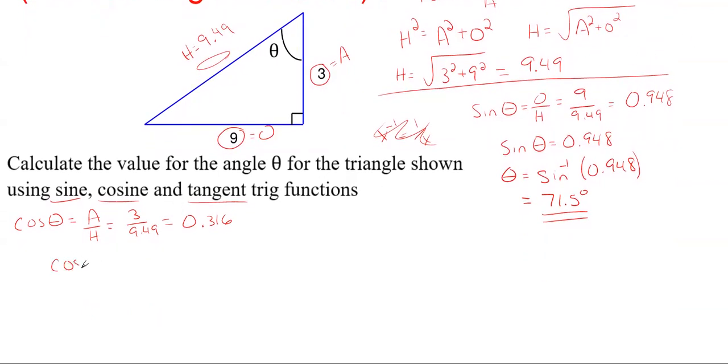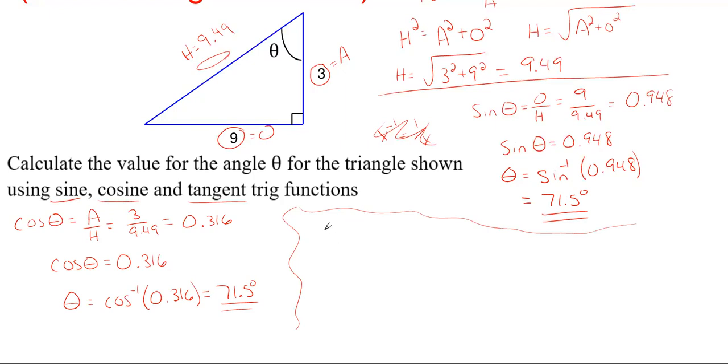So the cosine of theta is equal to 0.316. Once again, take cosine to the opposite side. We're going to use the cosine inverse of 0.316, and that gives us a value for theta of 71.5 degrees, which is good that it matches the previous one, because it is the same angle.